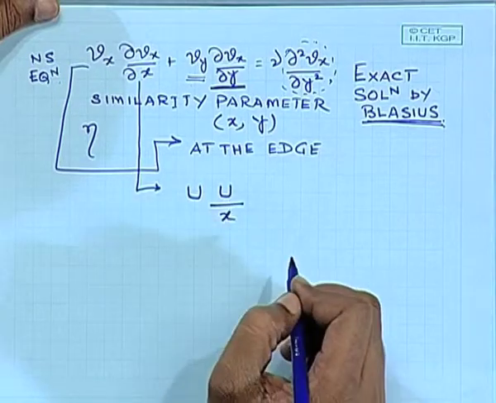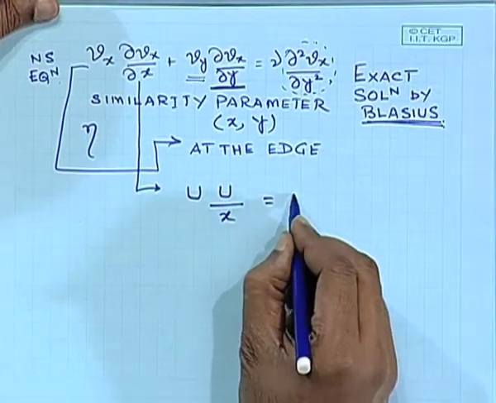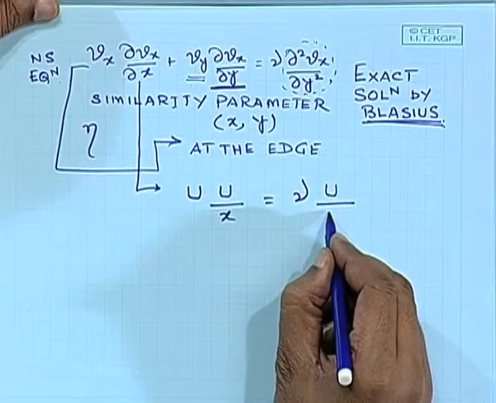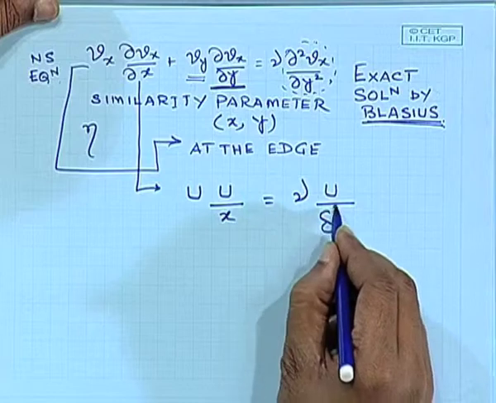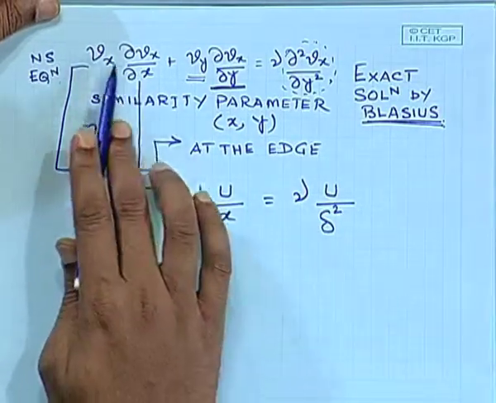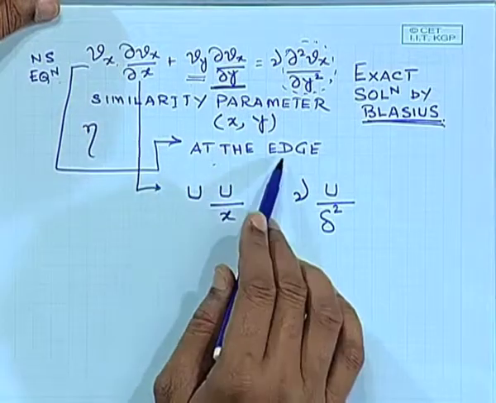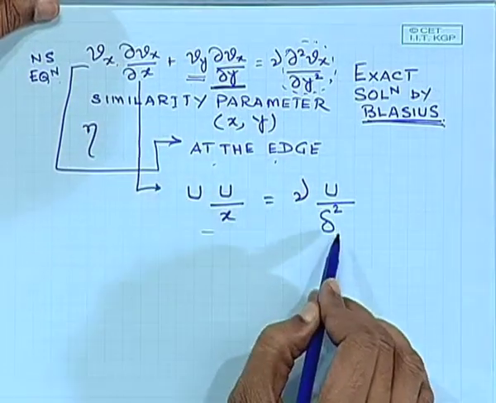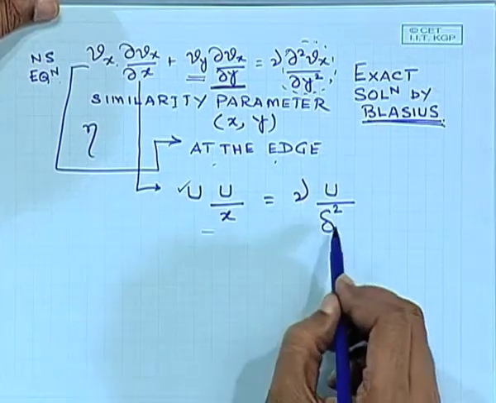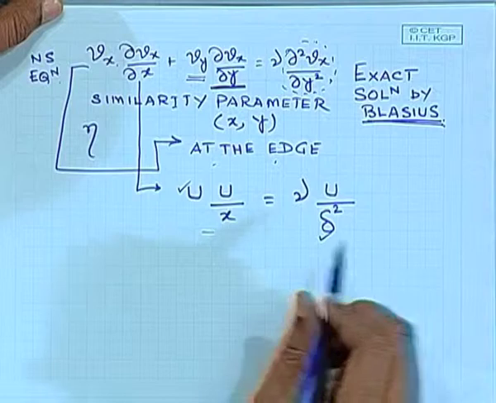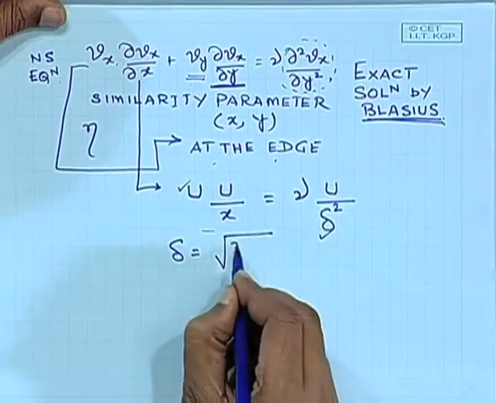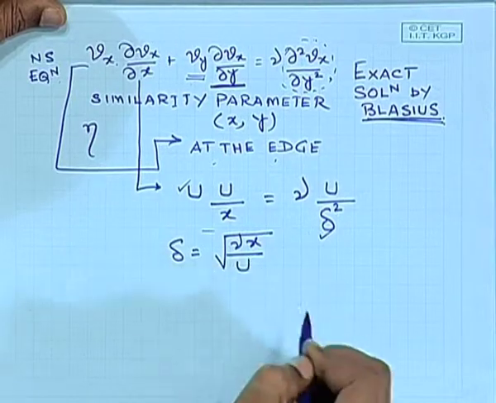I am replacing this by x would be equal to nu, then U by y square, and in that case y is going to be equal to delta. So, a very rough approximation of this equation at the edge of the boundary layer would take this form. So, Vx equals U and y becomes equal to delta. So, what you have here is delta is root over nu x by U.